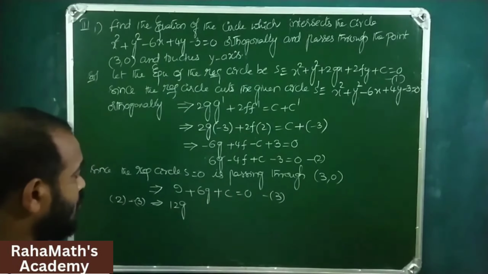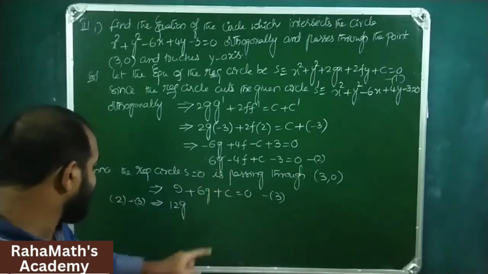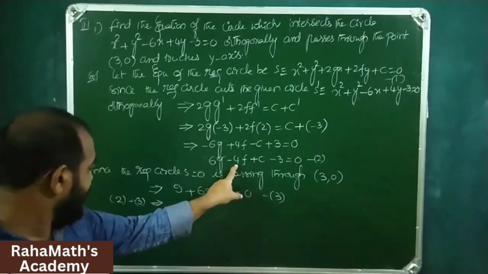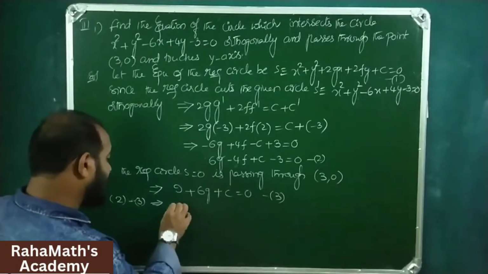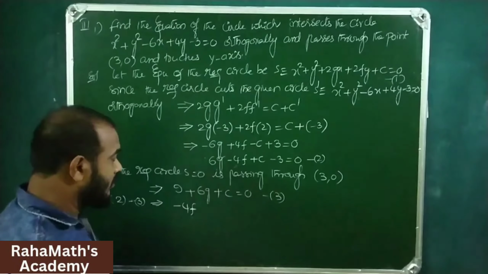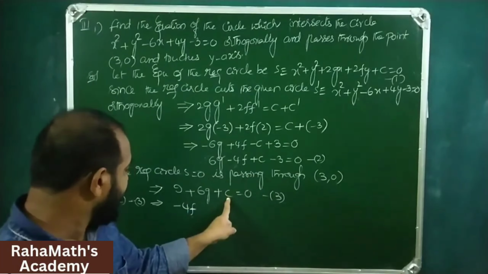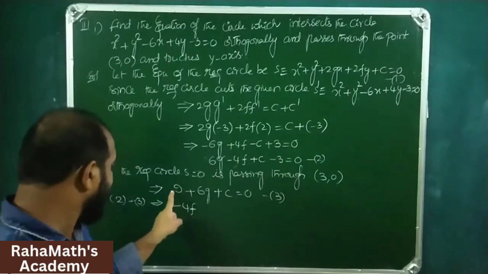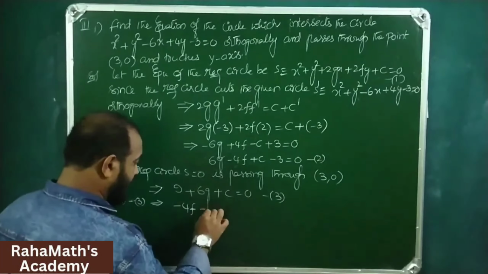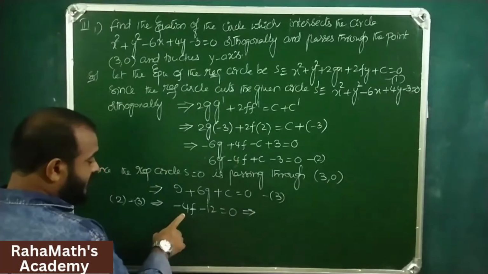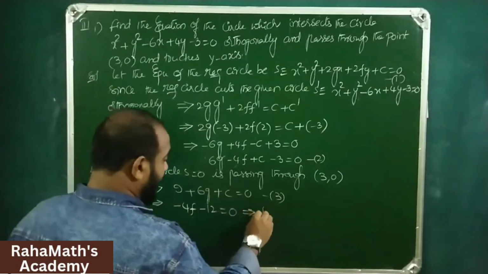So 6g minus 6g gets cancelled. Minus 4f. Next, plus c minus c gets cancelled. Minus 3 minus 9 is minus 12 equals 0. From this, minus 4f equals 12, f equals minus 3.